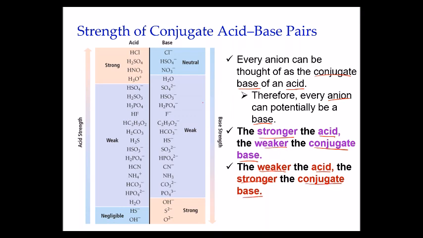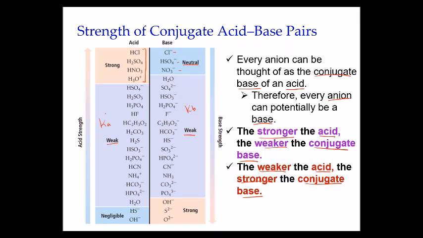So as you can see here on our chart, our strong acids over here, if you look at their conjugates, typically when they say neutral here, that's pretty much has no strength as the base. The weak strength, base strength, and this will have Ka values. These ones will have Kb values.